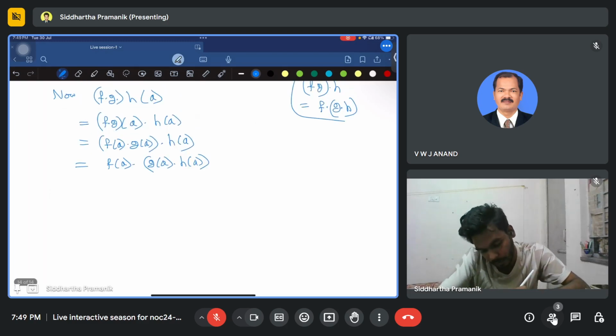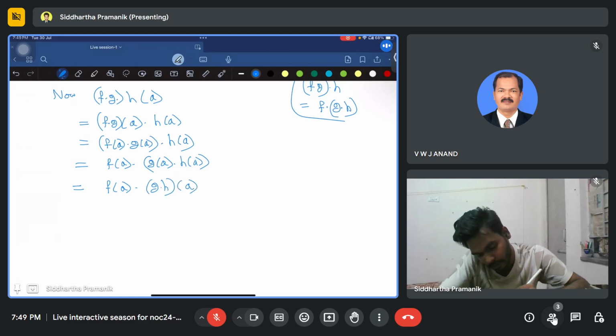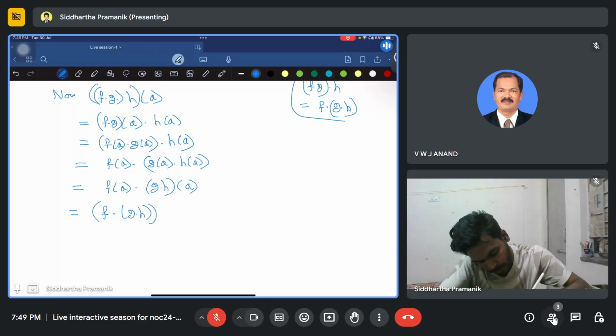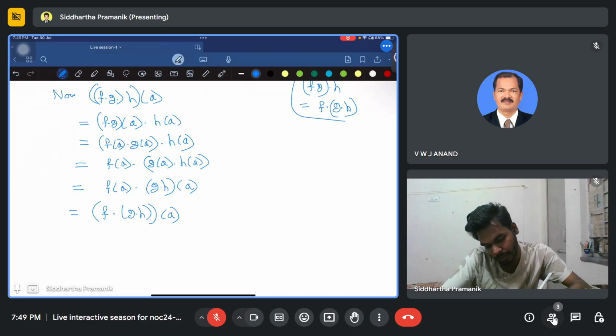Okay. So this one is the same as f of a times the function g times h evaluated at a, right? And this is the same as f times g times h, let's put one more bracket here, evaluated at a. And this holds for every a in the set X.